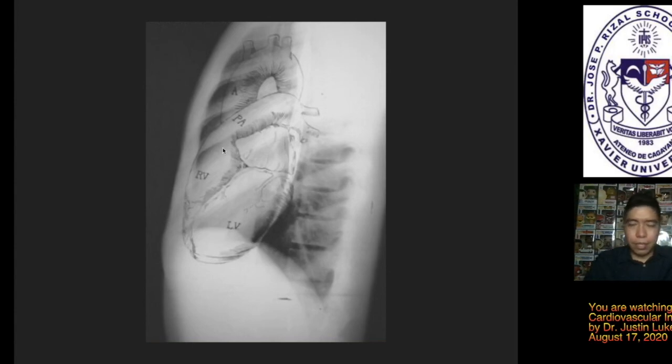So if your right ventricle is enlarged, you will lose some of this retrosternal clear space. Your left ventricle and left atrium are border forming posteriorly. If it's enlarged, again, it will extend here. We'll discuss later on what sign that is. If your left atrium is also enlarged, it will push itself towards this area.